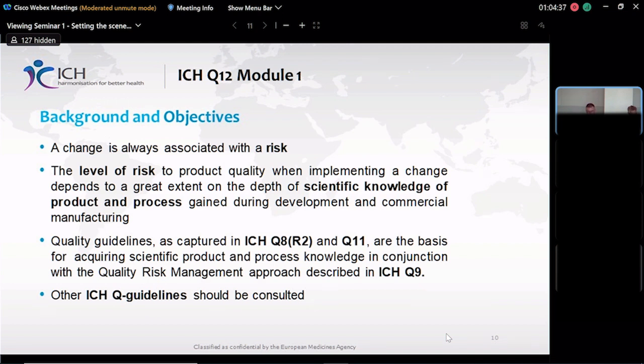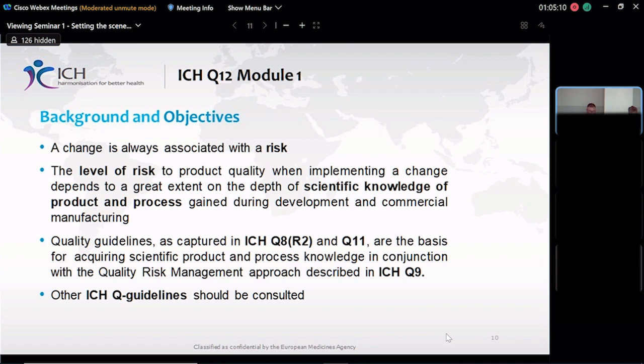So what I'm saying here really is Q12 gives you the specific tools to manage change and to assess change for approved products. But this can only be effective if you have quality risk management principles in line with ICH Q9, a functioning pharmaceutical quality system in line with ICH Q10, and that the pharmaceutical development has followed the guidance laid out in ICH Q8 for finished product and Q11 for active substance.